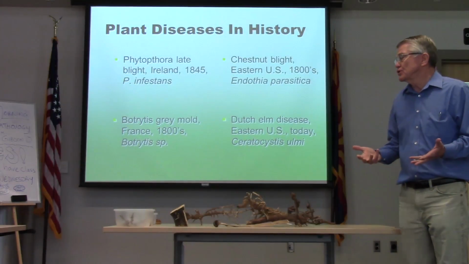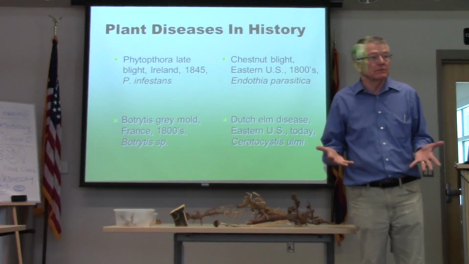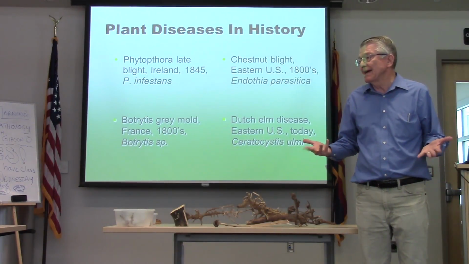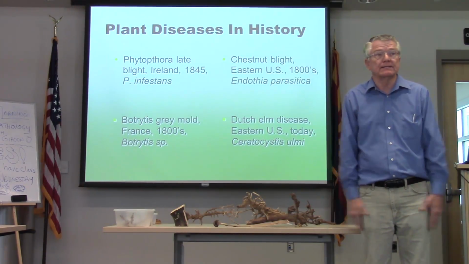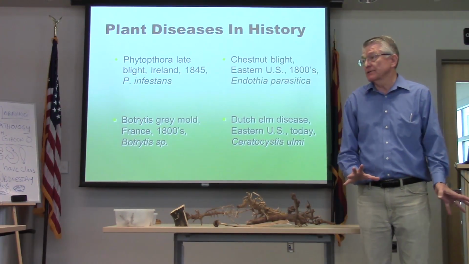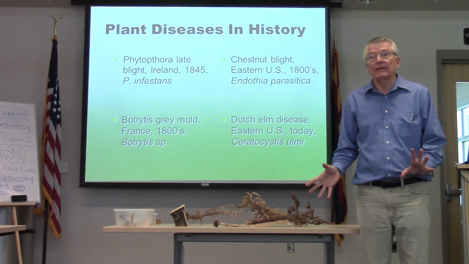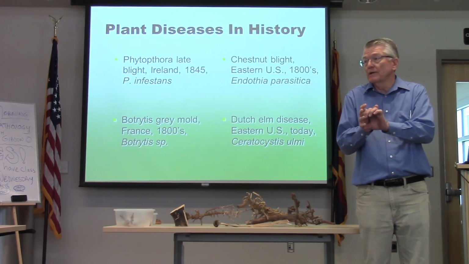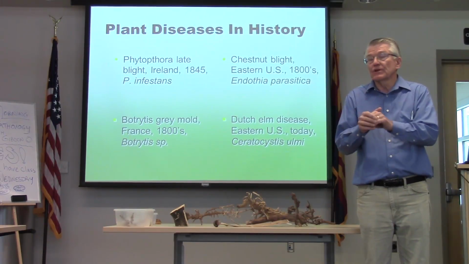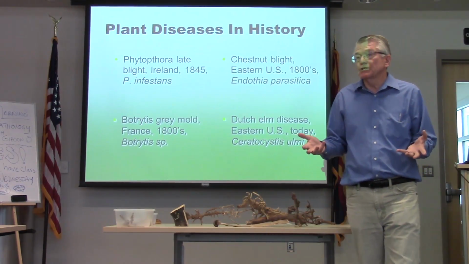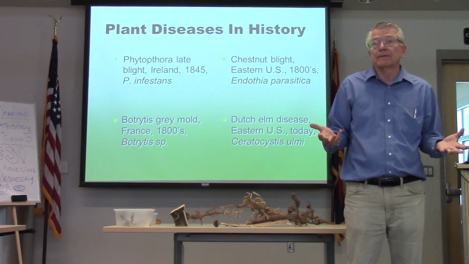Botrytis is a major disease of grapes, and France prided and continues to pride itself on its French wines. Botrytis, taking out the plants, causing dieback of the wood, the fruiting wood, seriously cut into the ability of that nation to produce wines.